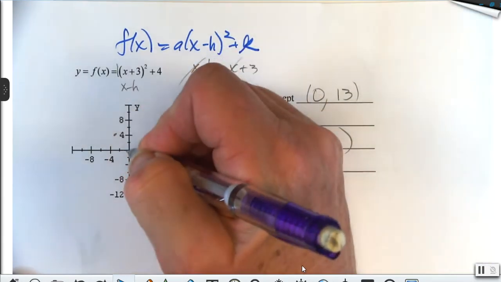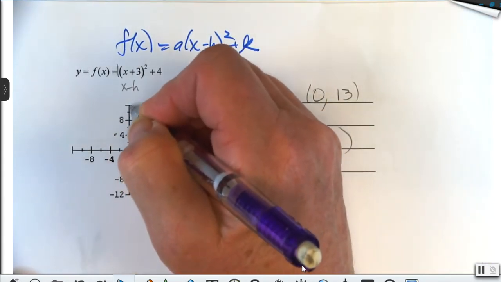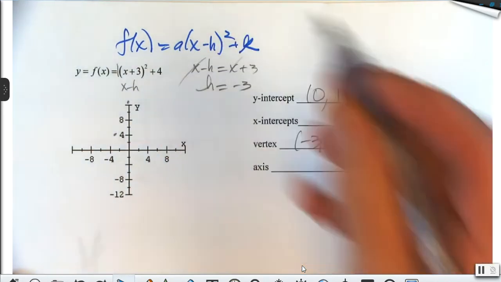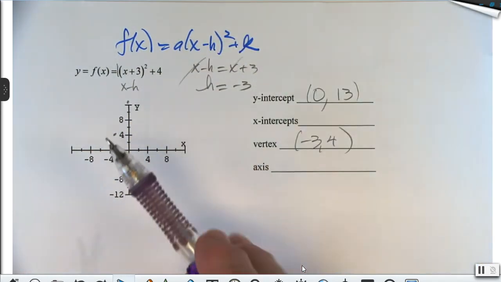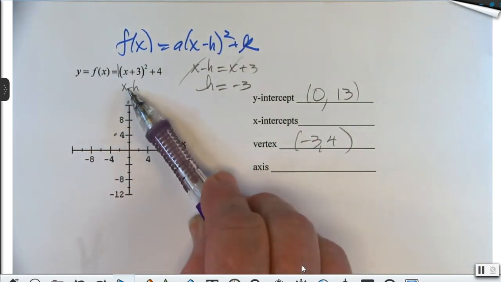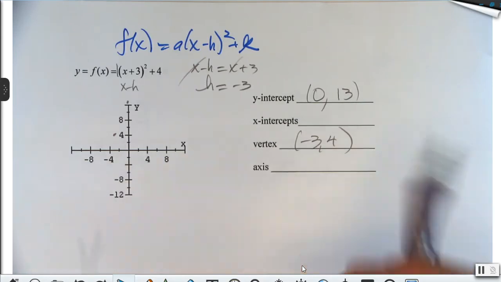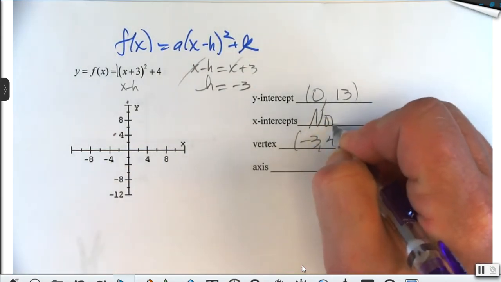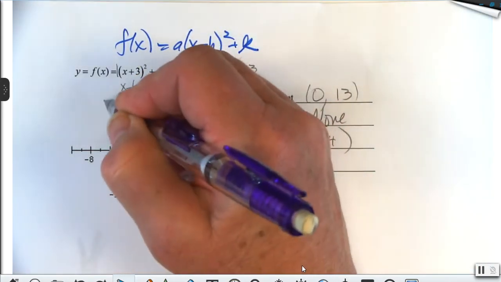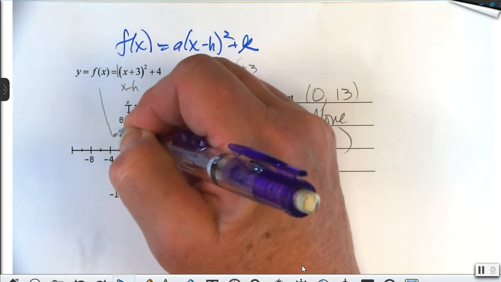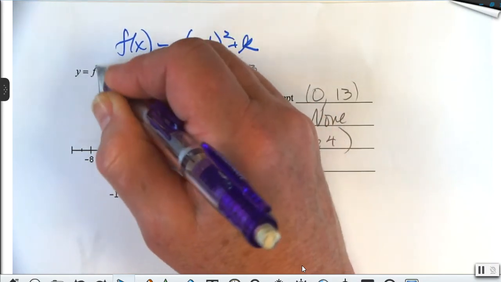Okay, so let's see, 2, 4, 6, 8, 10, 12. I'm just going to put a pinch beyond that. Now, my point is, if here's my vertex and we're opening upward, does this parabola ever cross the x-axis? It doesn't. So where it says x-intercepts, I'm just going to put none. All right, so there's a point there. It's going to look something like this.